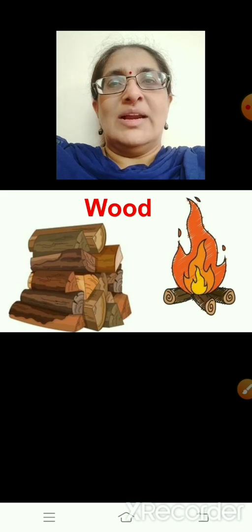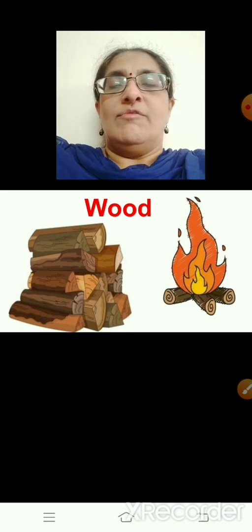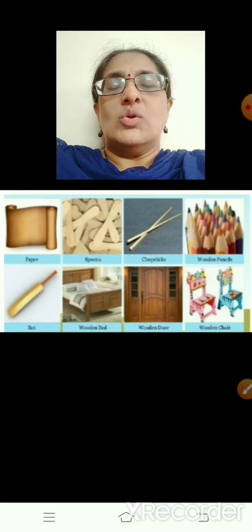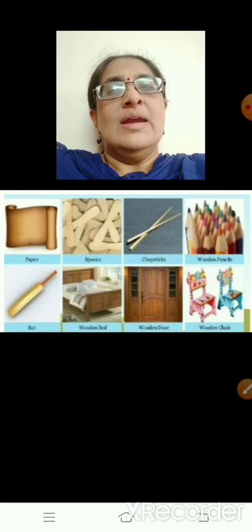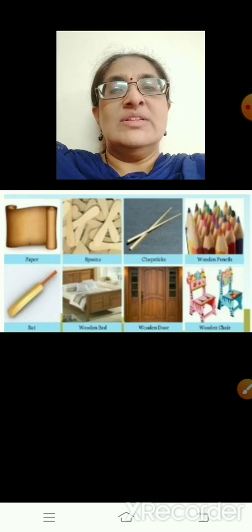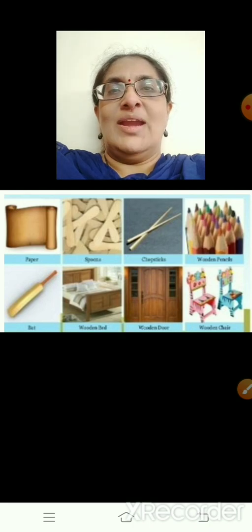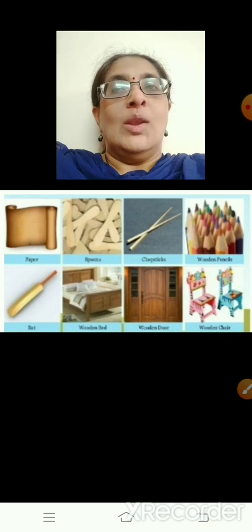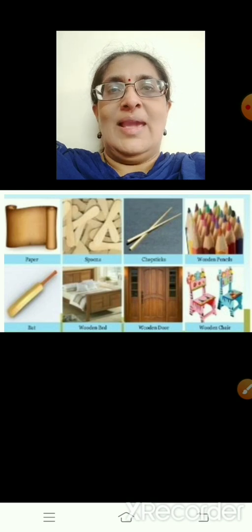We should not cut the trees. Now if you see, this wood is also used for making different wood items like wooden spoons, pencils, bat, furniture like table, chair, window, and many more. And wood is also used to make paper.